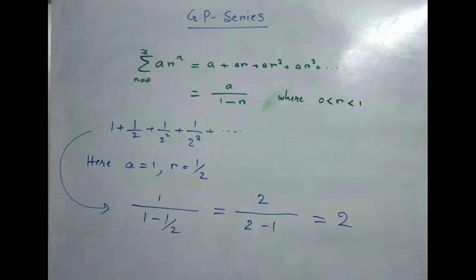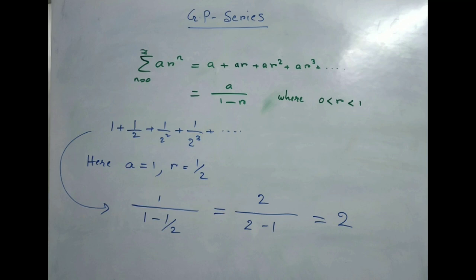We are trying to cover some standard series. So the first example is the GP series. We have seen this in school also. So we know that the sum of a GP series is a by 1 minus r, where a is the initial term and r is the common ratio, and it must satisfy the condition that 0 less than r less than 1.